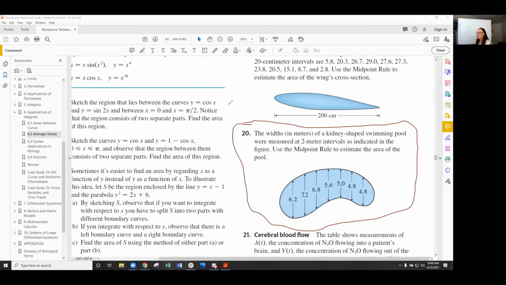The widths in meters of a kidney-shaped swimming pool were measured at 2-meter intervals as indicated in the figure. We're going to use the midpoint rule to estimate the area of the pool. Okay, we're going to do this problem anyway. Here's what I think is kind of dumb about the midpoint problems in the book.